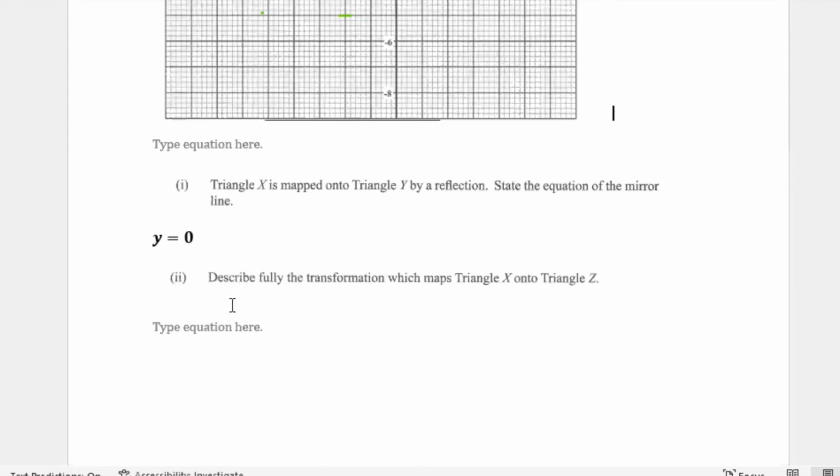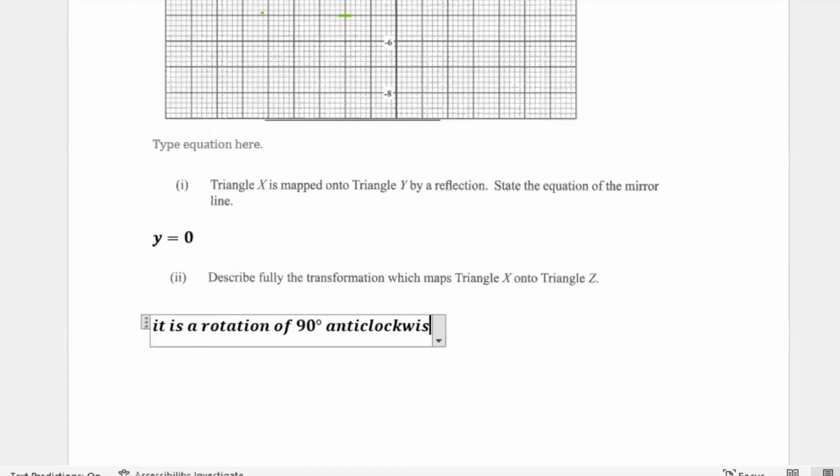So describe fully the transformation. We can say it is a rotation of 90 degrees anti-clockwise through the center, which is 0, 0.